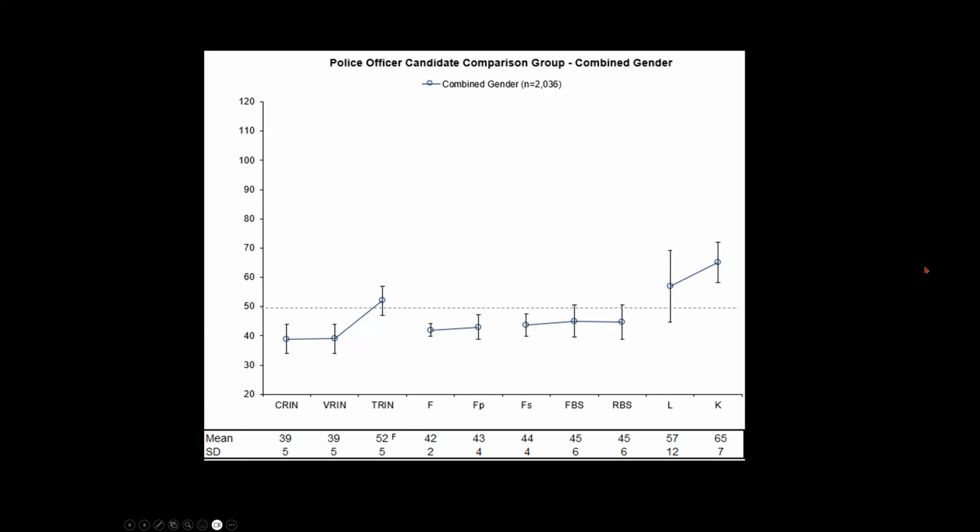And of course, the demand characteristics of someone who is being assessed in the context of an evaluation for a position that they are very interested in obtaining.